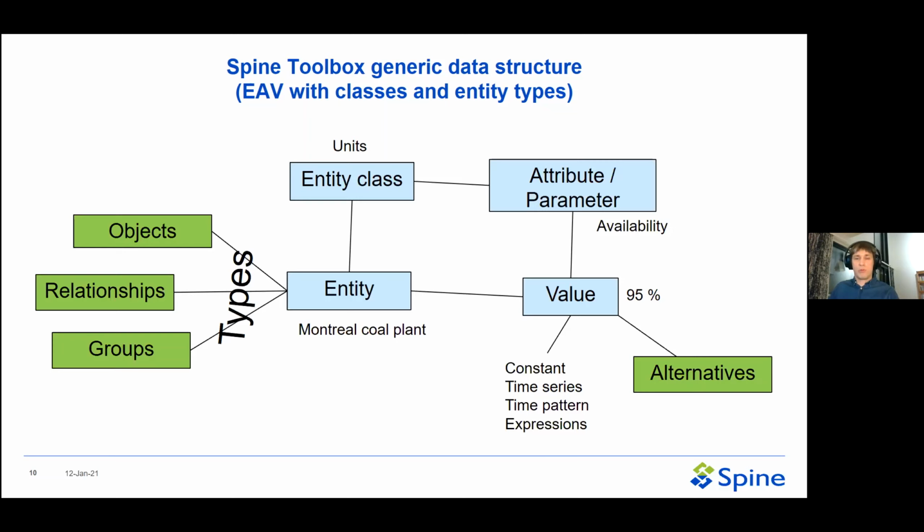When you want to say, for instance, that the Canadian CO2 emissions has to be below a certain limit, then you can group all the locations in Canada together and then assign that constraint to that group instead of summing the individual entities separately. And we build it in a way that if you know programming, you can start adding new types here. So these are just the types we currently have.